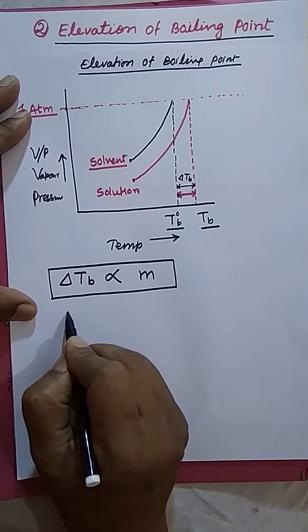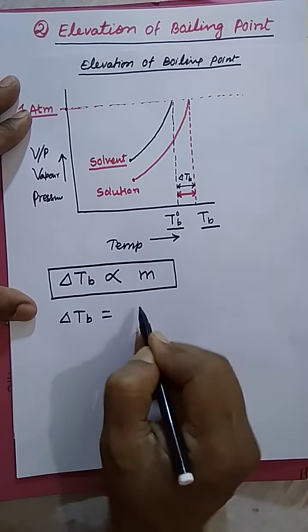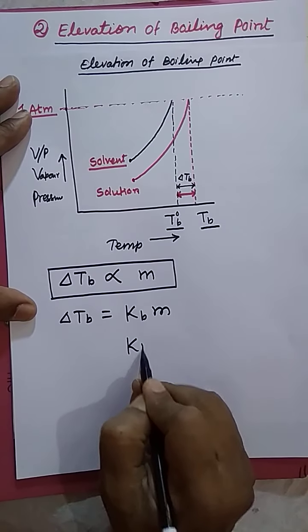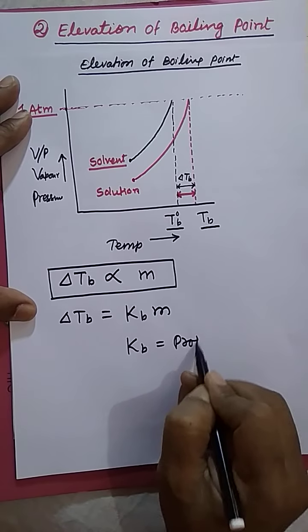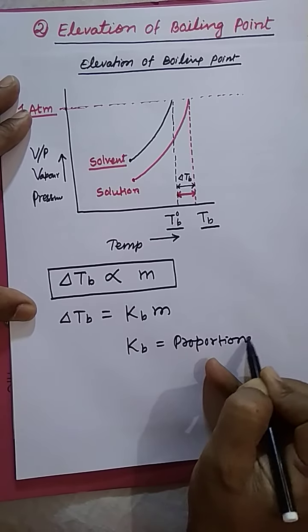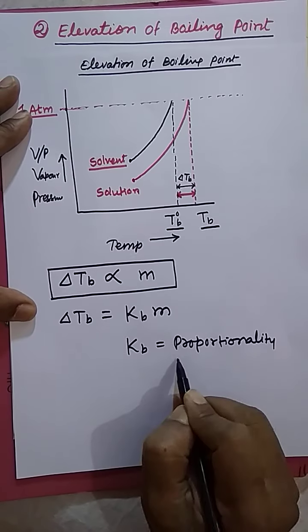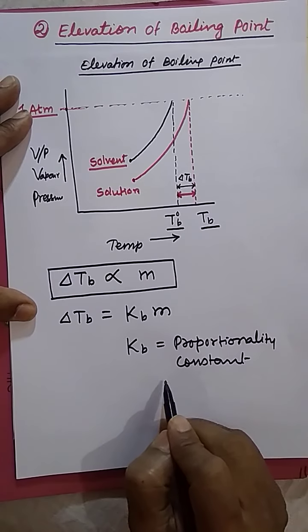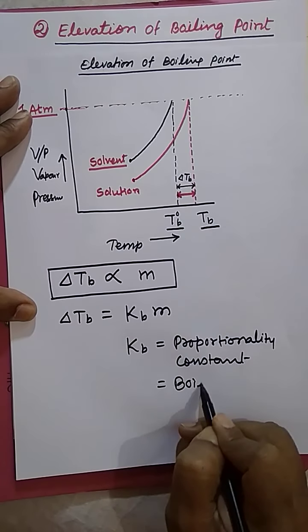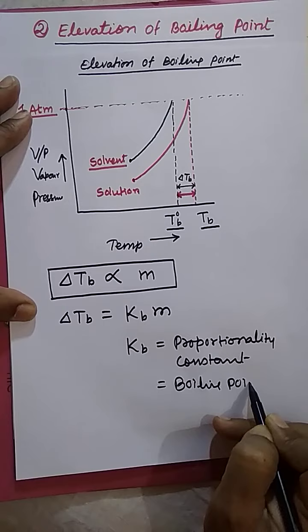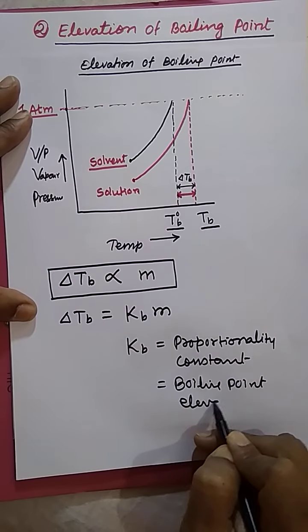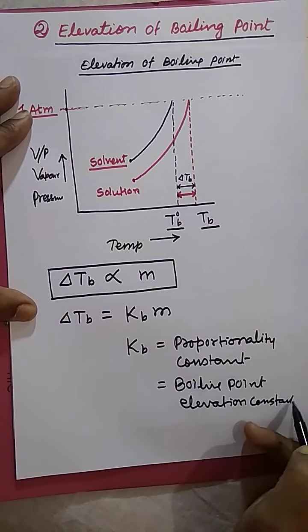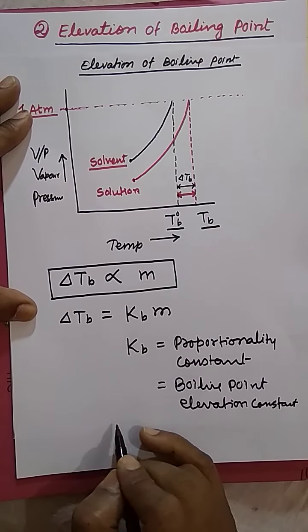Now delta Tb is equal to Kb m, where Kb is the proportionality constant known as the boiling point elevation constant, or molal elevation constant you can say.